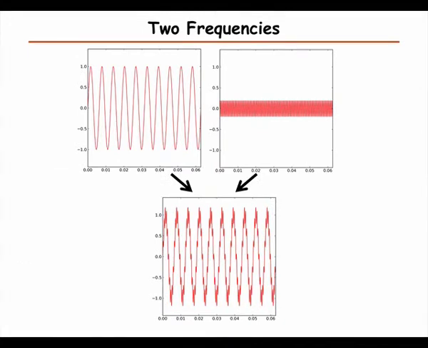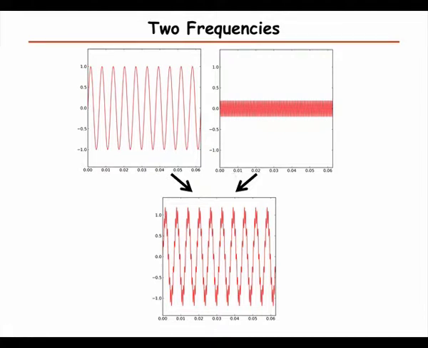Then we can, of course, add together different kinds of sine waves. Here we have one sine wave, and then we add onto it another one which has a lower amplitude but a higher frequency. Then we get something that looks a little bit noisy, a sine wave that looks noisy.